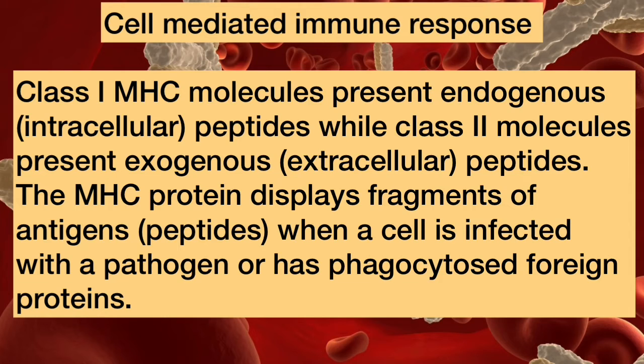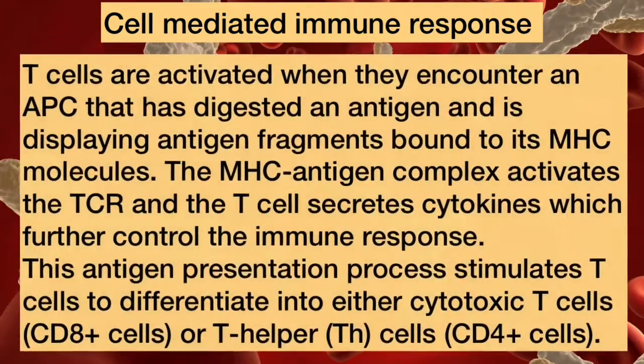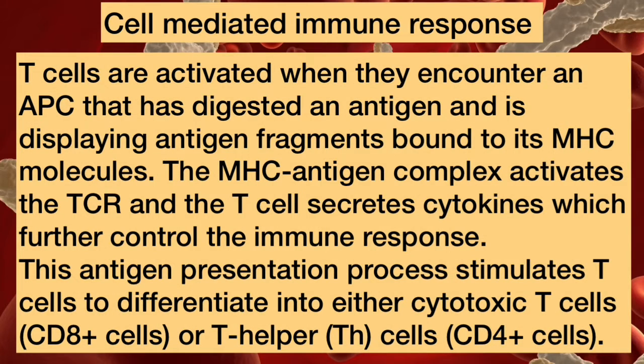The major histocompatibility complex protein displays fragments of antigens when a cell is infected with a pathogen or has phagocytosed foreign proteins. T cells are activated when they encounter an antigen-presenting cell that has digested an antigen and is displaying antigen fragments bound to its major histocompatibility complex molecules.